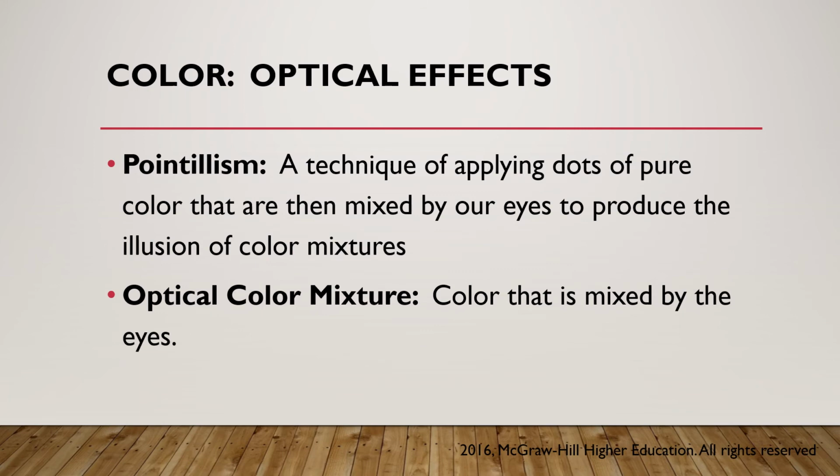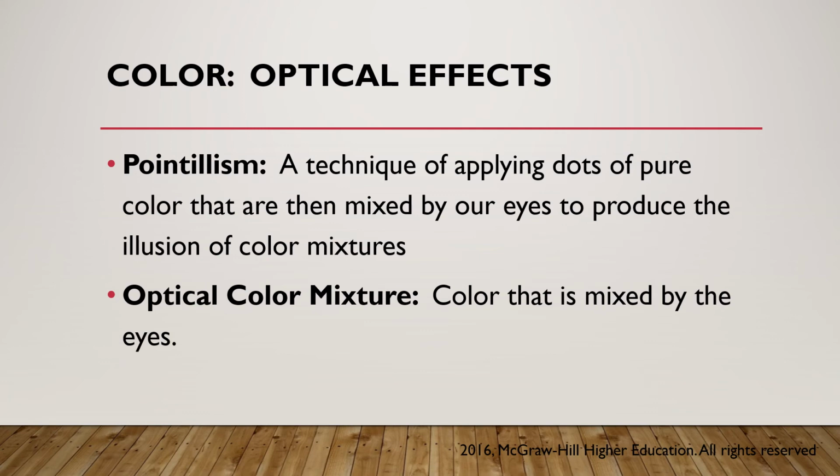We talked before about the invention of the camera and how that actually allowed artists to experiment with different techniques, with different ways of creating images. So pointillism is a technique where you apply dots of pure color that our eyes mix on their own, and they call that an optical color mixture.